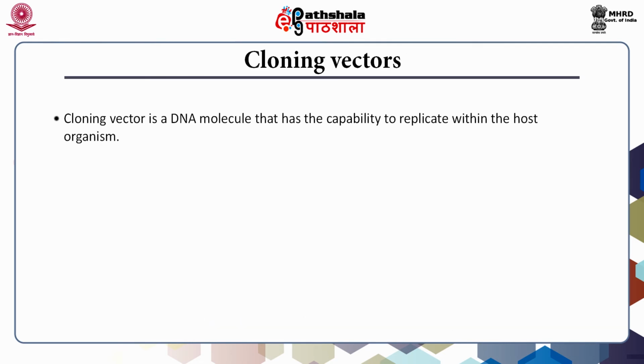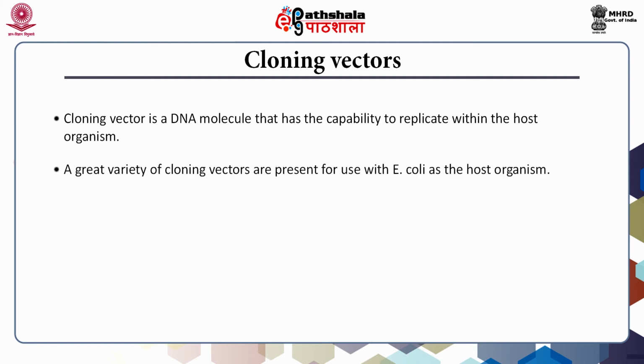A cloning vector is a DNA molecule that has the capability to replicate within the host organism. The target DNA is introduced into this vector to produce a recombinant DNA molecule. A great variety of cloning vectors are available for use with E. coli as the host organism.